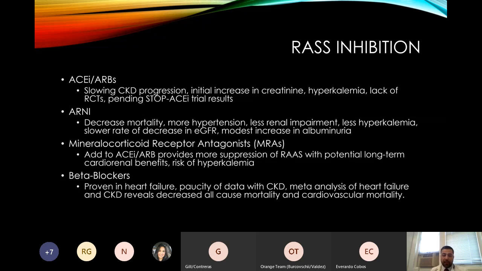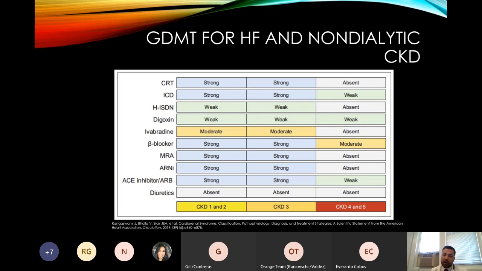These add to ACE inhibitors and ARBs, provide more suppression of RAS with potential long-term cardiorenal benefits, but again, there's the risk of hyperkalemia. And beta blockers have been proven in heart failure. There's a paucity of data in CKD, and meta-analysis of heart failure in CKD reveals decreased all-cause mortality and cardiovascular mortality.